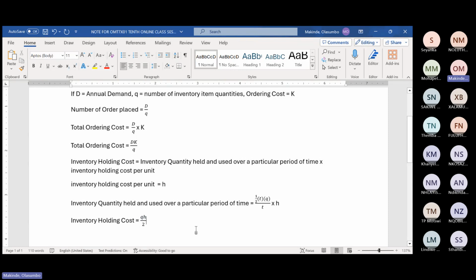So that is Q/2 times H, because T cancels T.